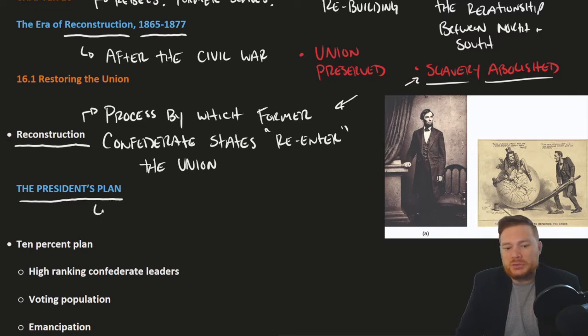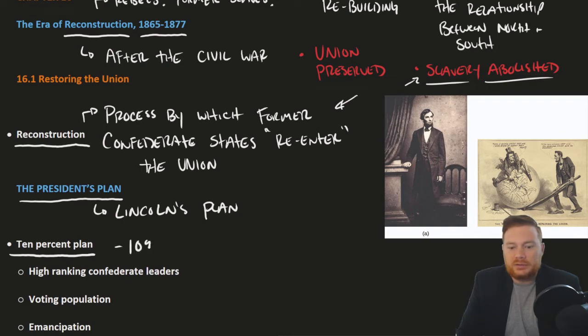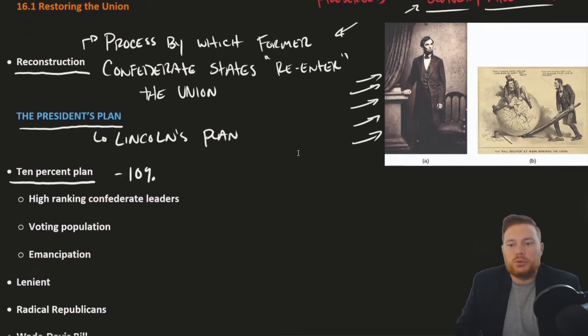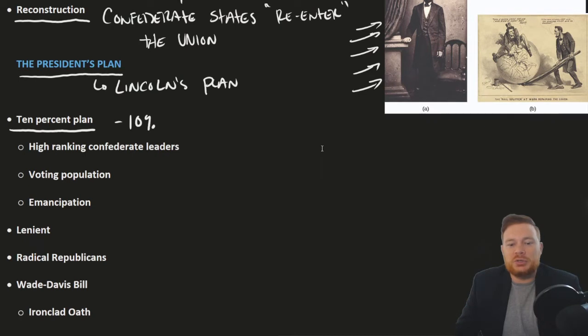To avoid any confusion, because there's also another plan by a future president, we'll call this Lincoln's plan, otherwise referred to as the 10% plan. So Lincoln, even before the war was over, had already begun thinking about the process by which these former states would, quote unquote, re-enter into the Union.